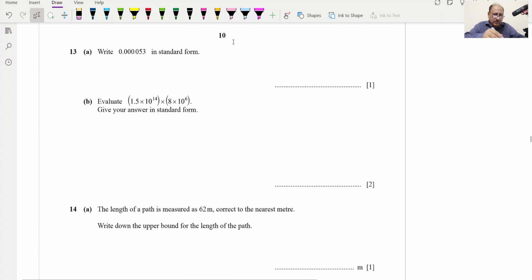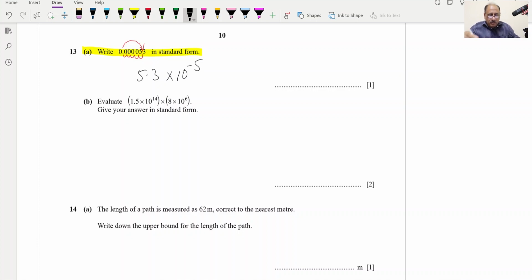Now question number 13, part A, write 0.00053 in standard form. For standard form we have to move this decimal to between 5 and 3, and for that we take 1 2 3 4 5 jumps. 5 jumps to the right, so we will be writing 5.3 into 10 raised to the power minus 5, because the jump is to the right.